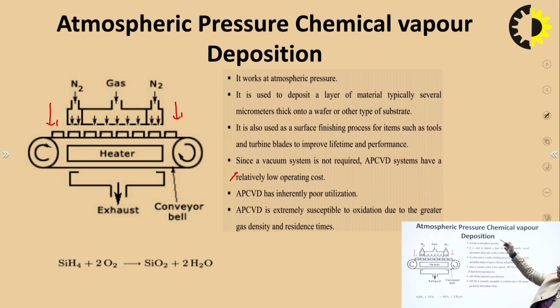In this atmospheric pressure CVD, it works at atmospheric pressure. That means we are not creating any other kind of pressure. It totally works on the atmospheric pressure. It is used to deposit a layer of material, typically several micrometers thick, onto a wafer or other type of substrate.